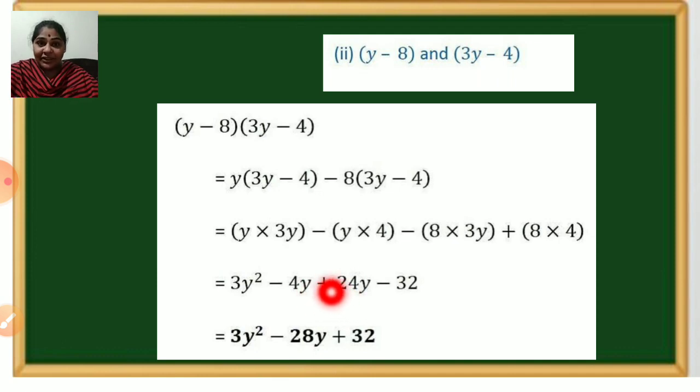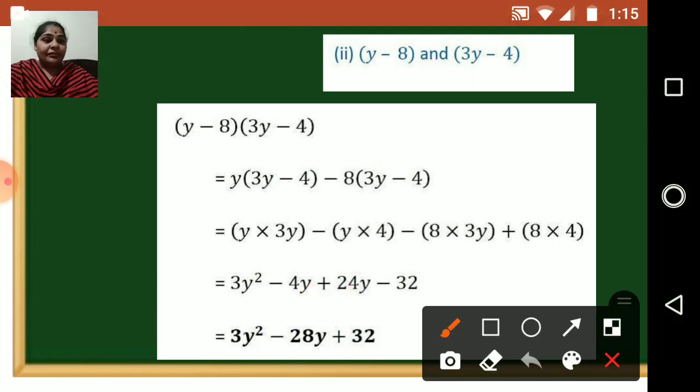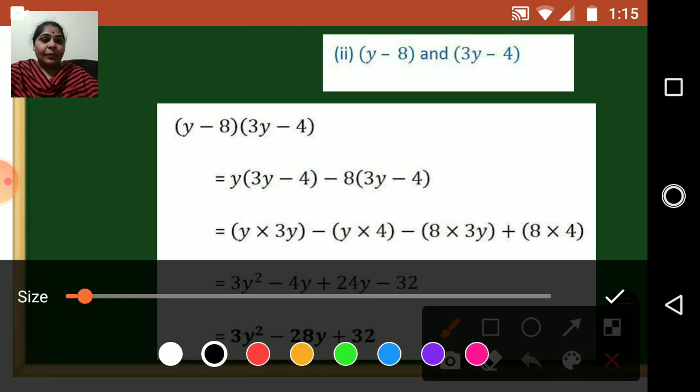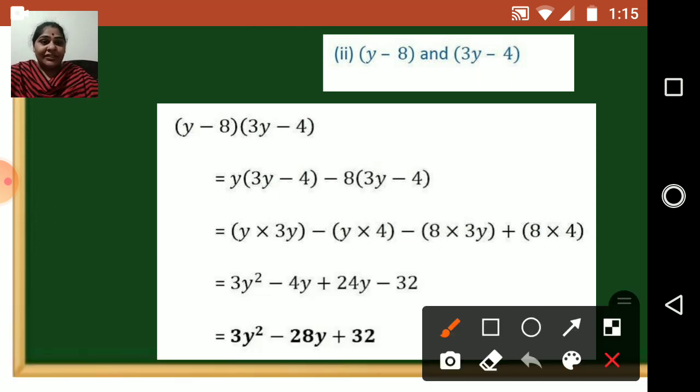Make a correction here, children. Negative 8 into 3y will be negative 24y, and minus 8 into 4 will be plus 32.